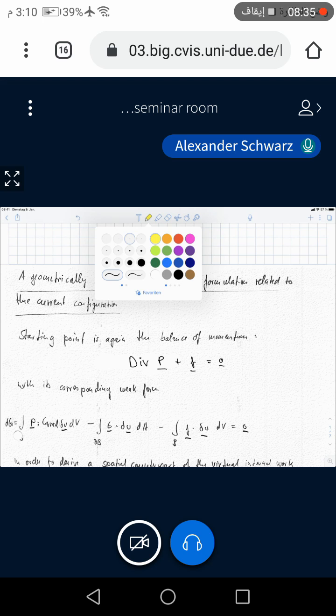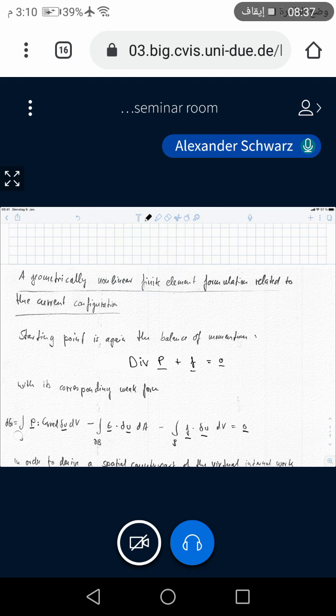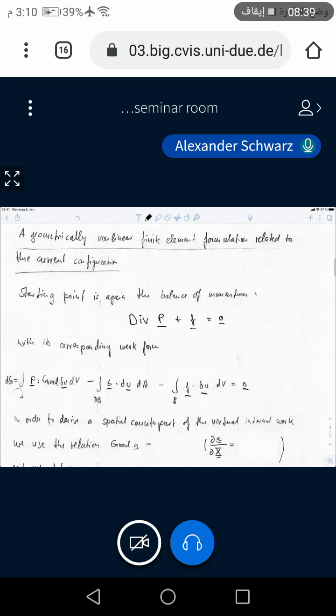If we now want to relate something to the current configuration, I want to introduce something which you see here down below. In order to derive the spatial counterpart of the virtual work, we use the relation: the large gradient of A is equal to something which I now want to call a small gradient of a vector A, which I have to tensor multiply with an F. Now you may be wondering why we use this here.